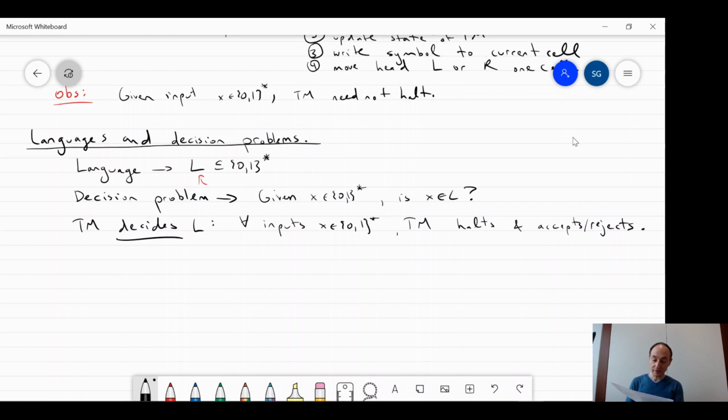So we'll never run forever. By the way, let me be clear, it accepts if x is in the language, and it will reject if x is not in the language. That's of course necessary because I'm talking about deciding the language L.